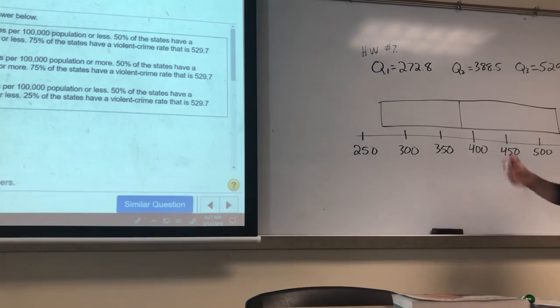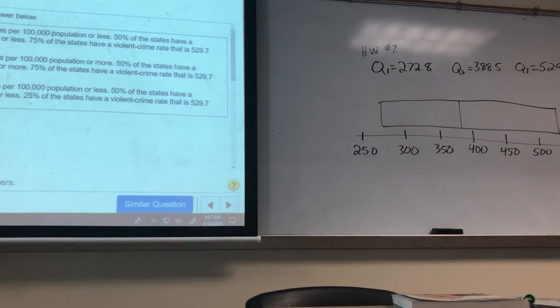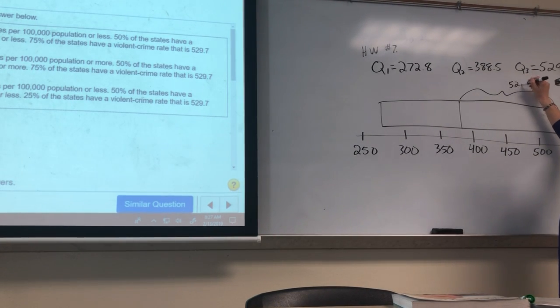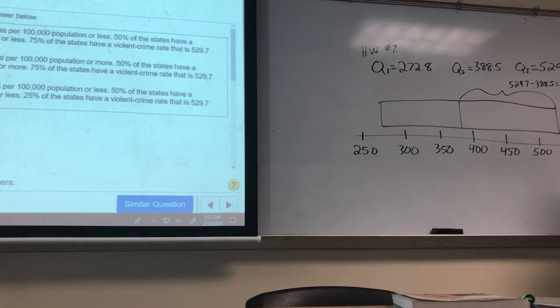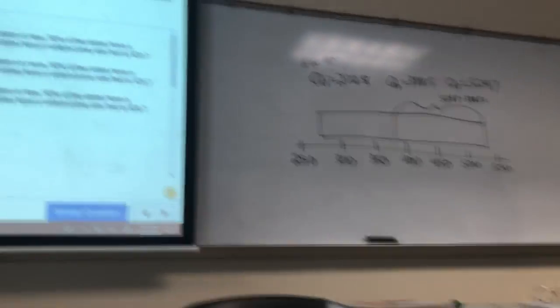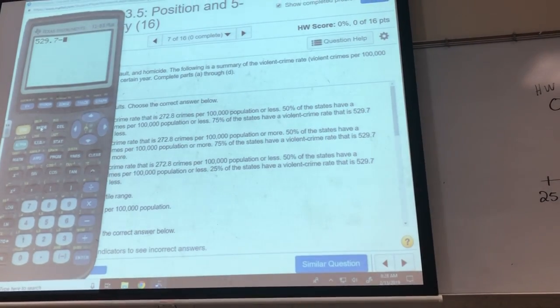All right, so here now that you graph it, you can kind of tell this part looks wider than this one. If you're not as good at drawing, kind of like I'm not very good at drawing, if you want to find the distance between these two, it's 529.7 minus 388.5. So I get 141.2 for the distance there.